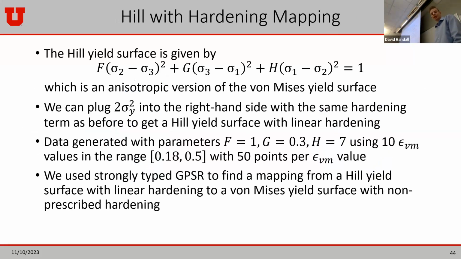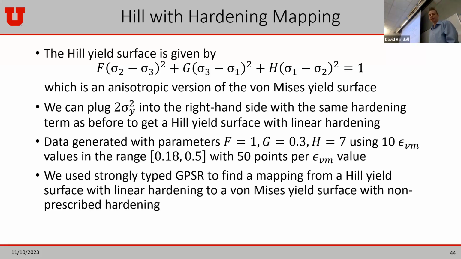As an extension to this test case, we looked at an anisotropic version where the Hill yield surface shown here is basically an anisotropic version of the von Mises yield surface. We have a very similar setup, the notable difference being that instead of mapping down to one cylinder, we map to just a cylinder and we don't care necessarily about its radius.